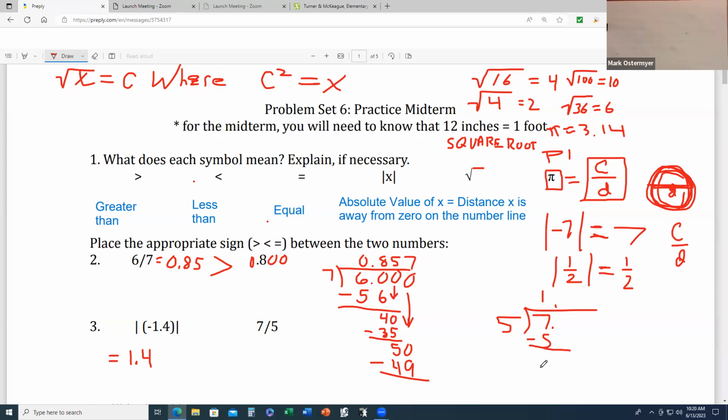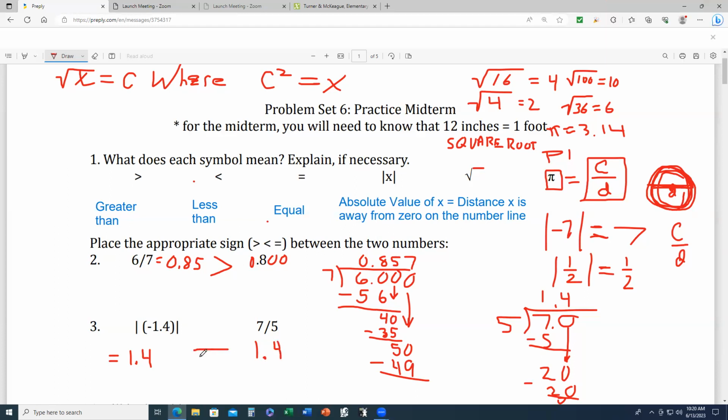Subtract. What's 7 minus 5? 2. Add a 0, drop a 0 down. 5 goes into 20 4 times. We get exactly 1.4. Subtract and you get 0. These are equal to each other, aren't they? They're equal.